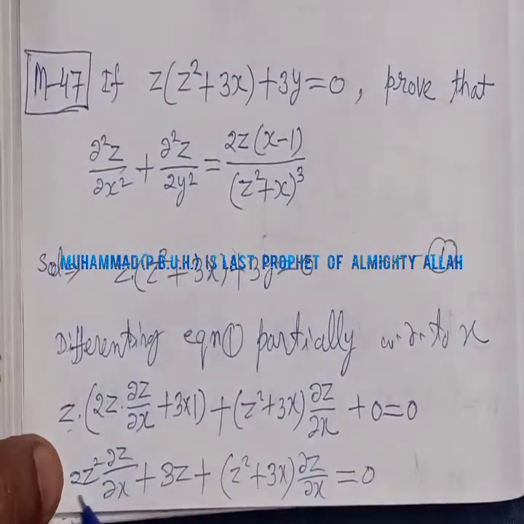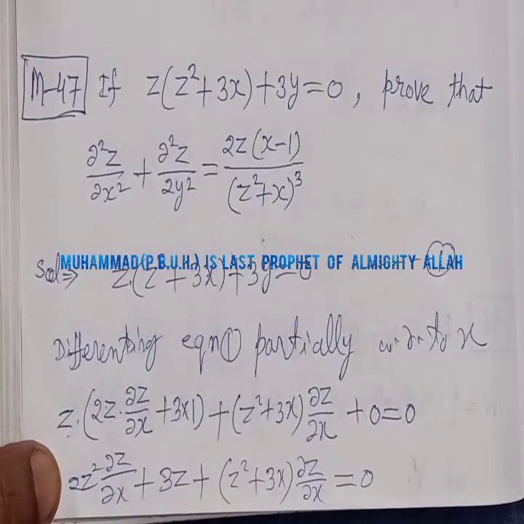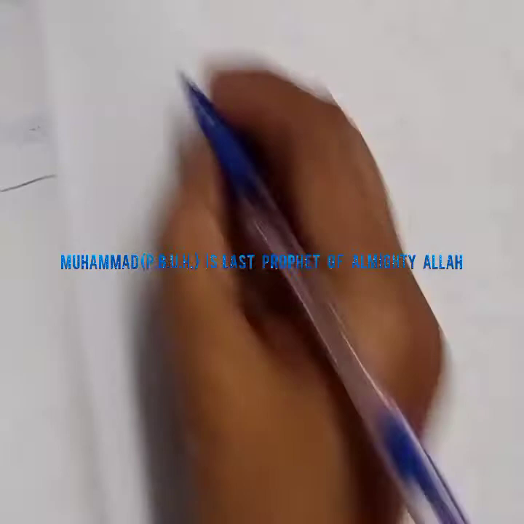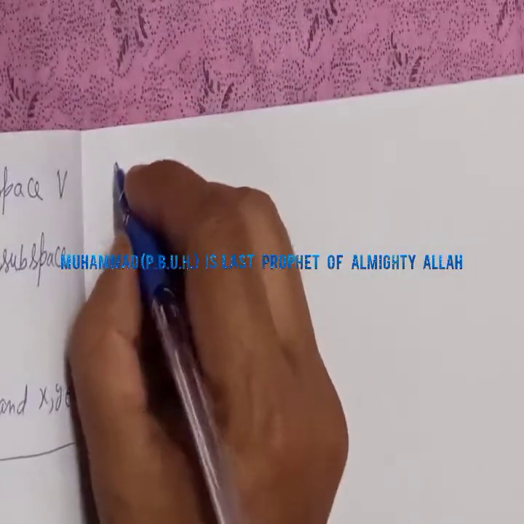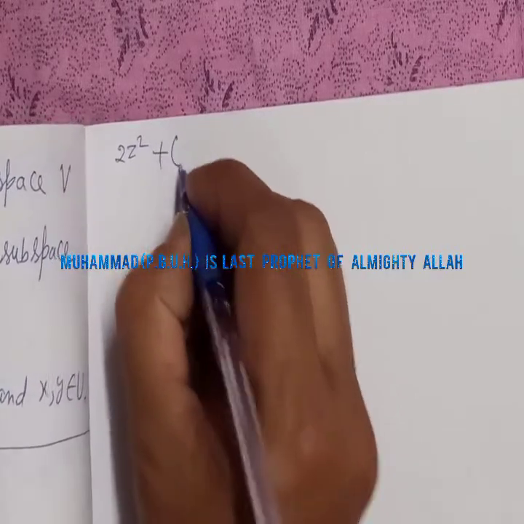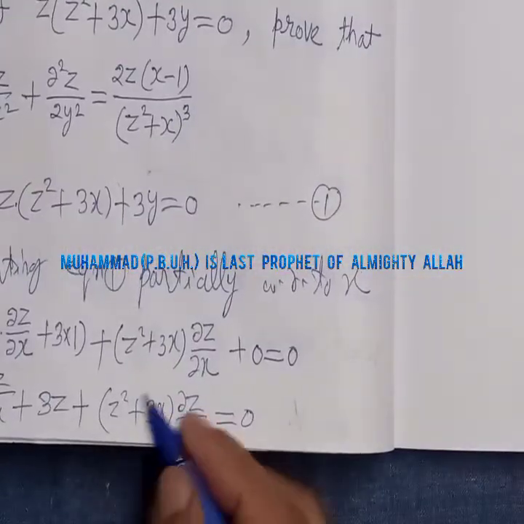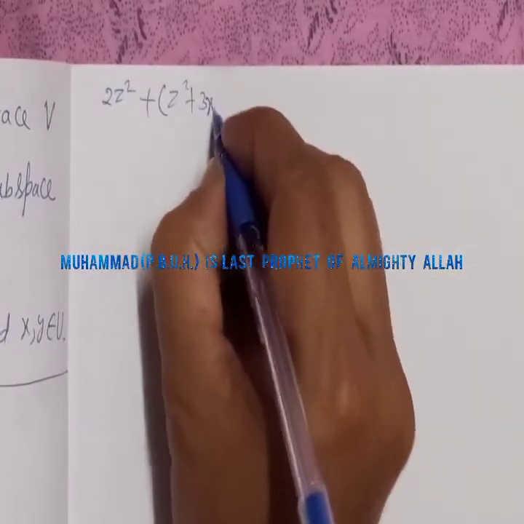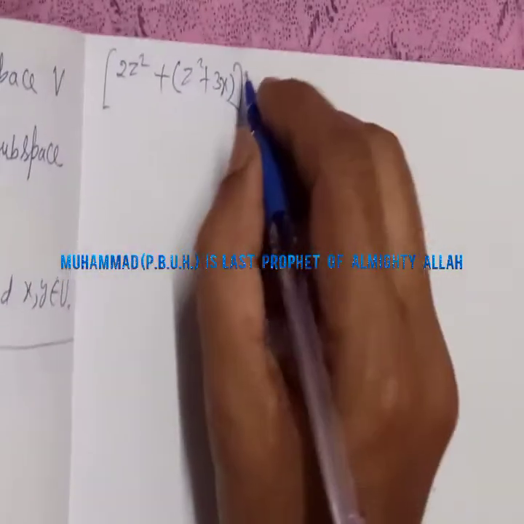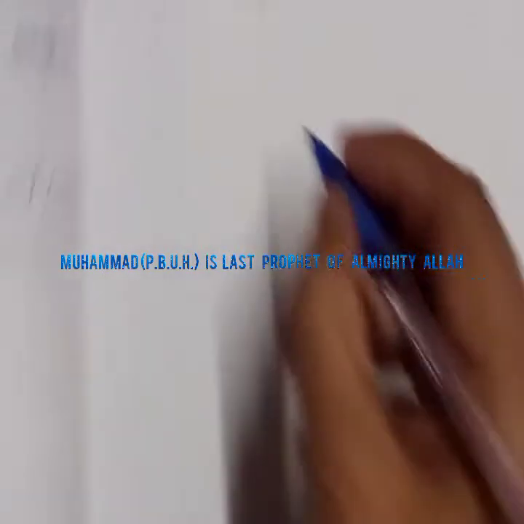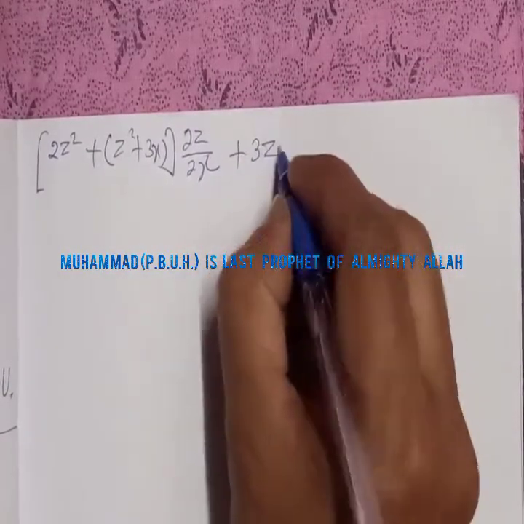We get first 2z square, and next this bracket z square plus 3x after taking del z over del x common, and the remaining term is 3z. I write here 3z is equal to 0.